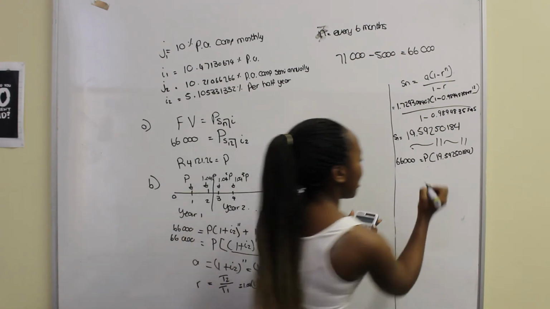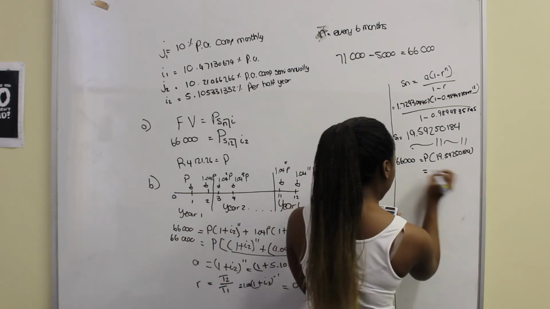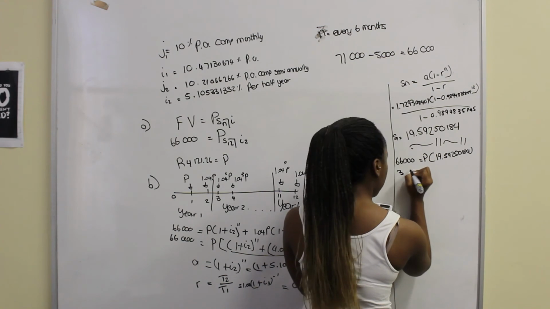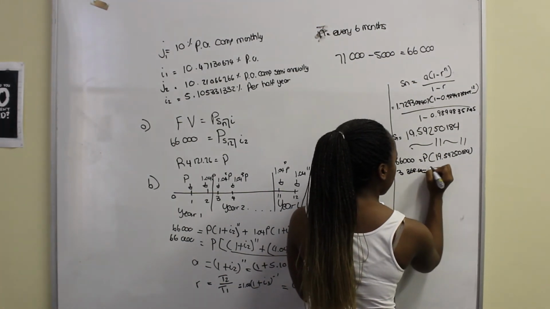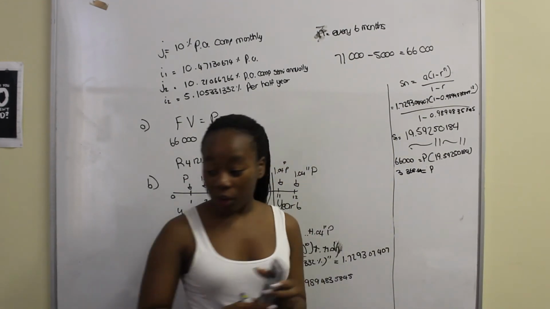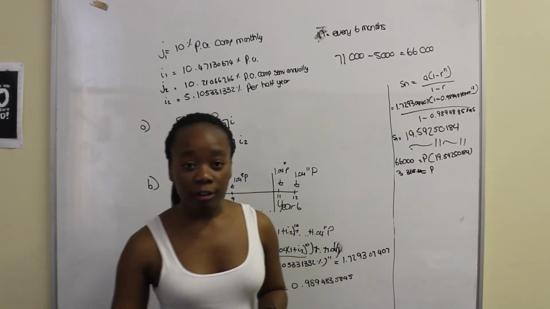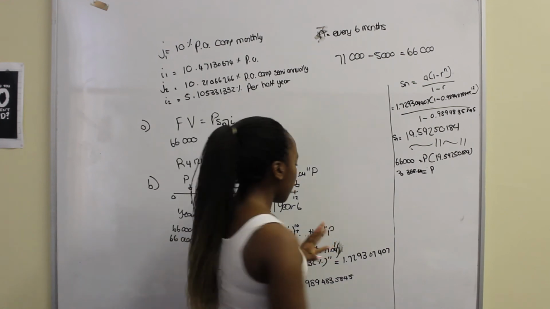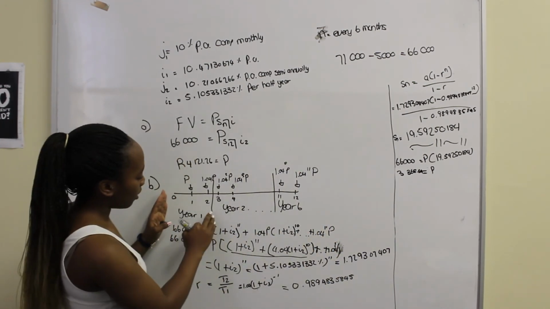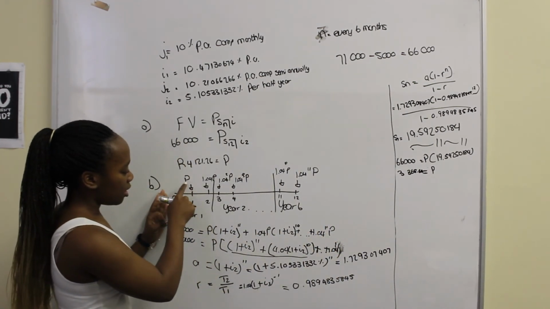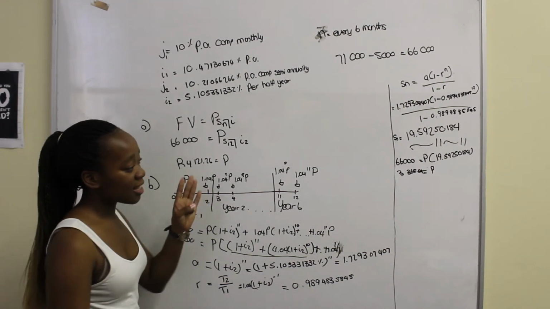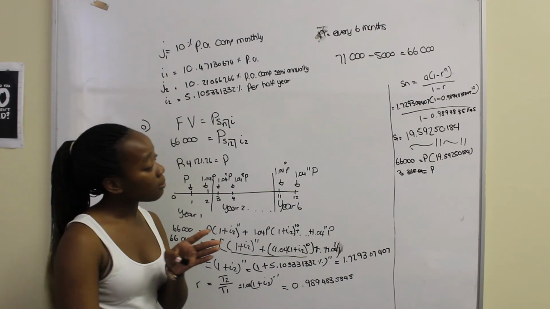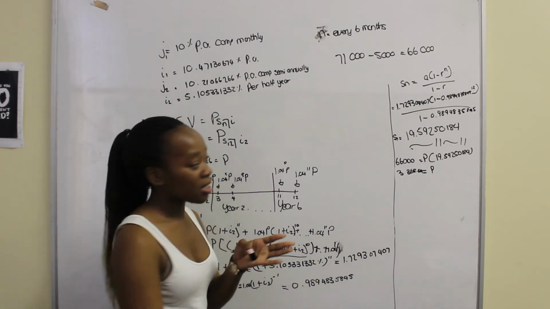So we go in here, we want to find P, which is the value of our payment in the first term, and that is going to be 3,368.64. That is our P. The question is asking us, what is the value of P in the first year? In the first year, remember from our number line, this is P, and then in the second payment it's going to be 1.04P because it escalates by 4% after every 6 months, and our payments are after every 6 months.